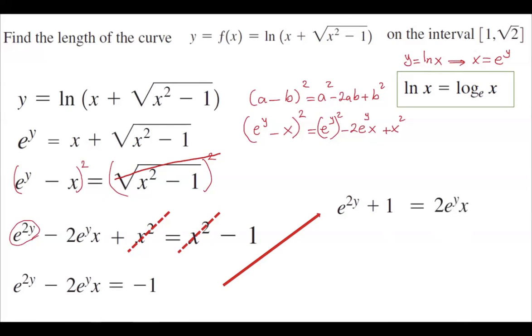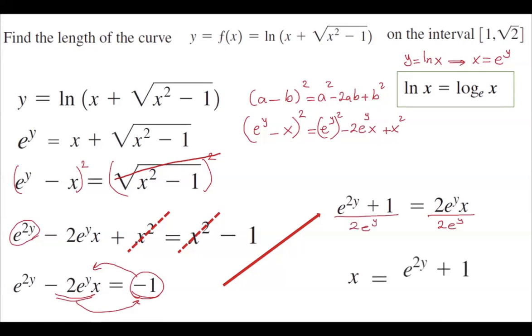So you're basically bringing this to the right-hand side and this number to the left-hand side. Why? Because that's how we can isolate x. You just need to divide everything by 2e to power y and then simplify.